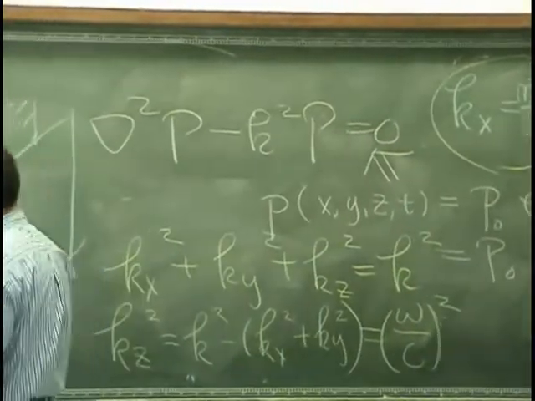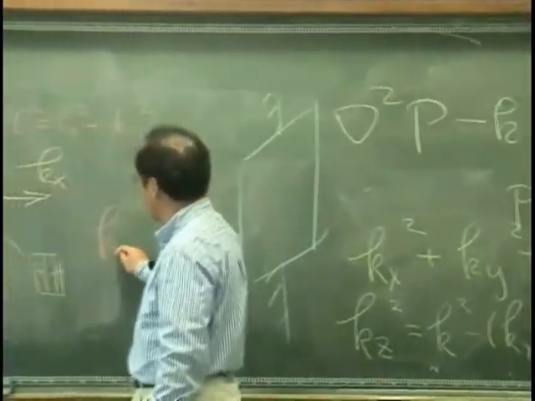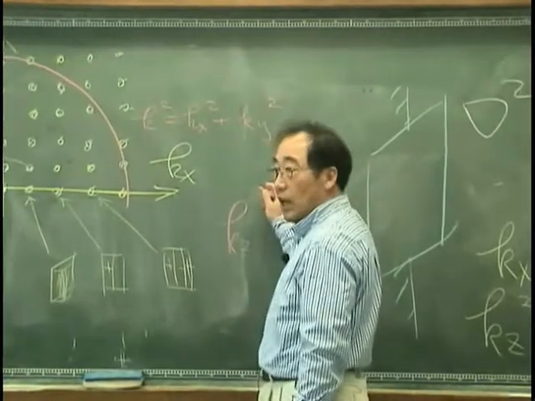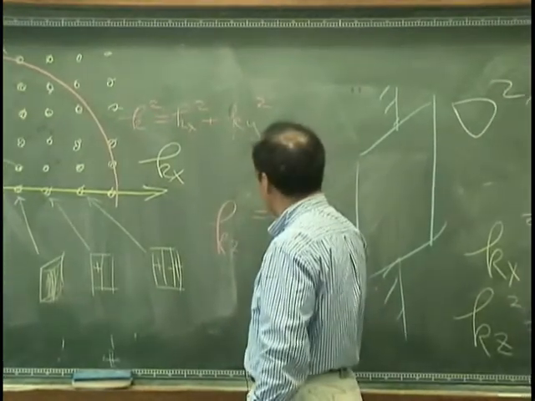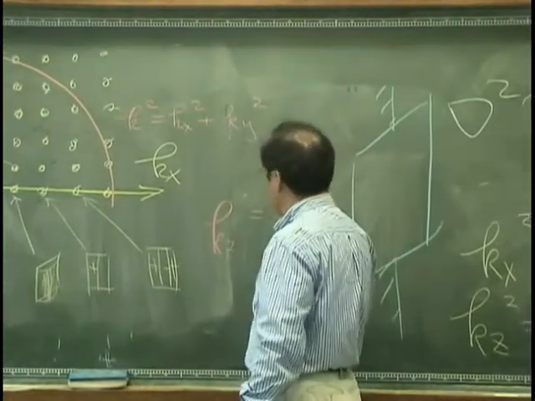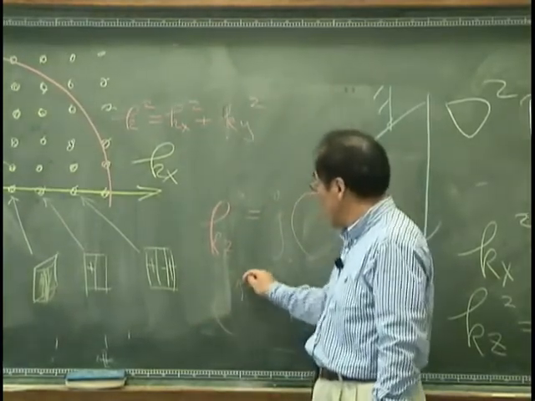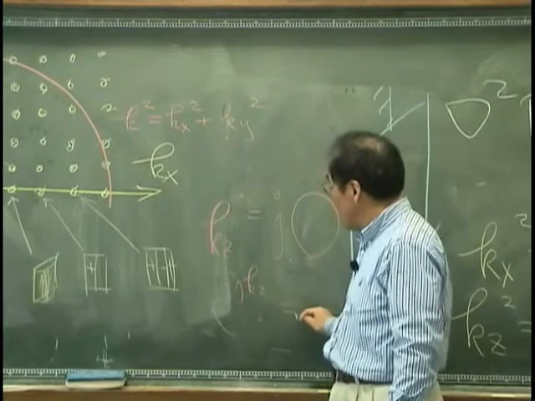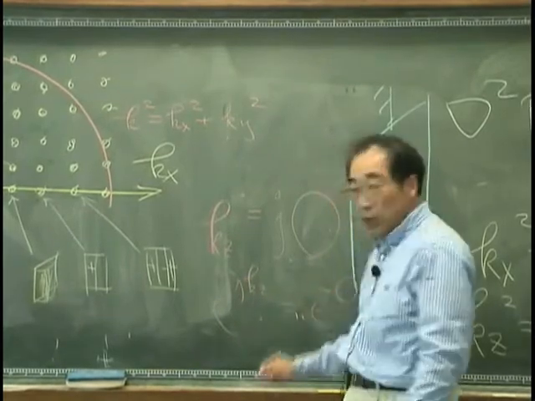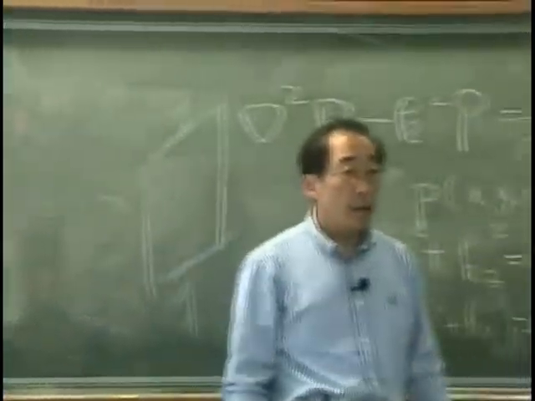Then what happened? Kz square is negative, therefore Kz is j something, therefore the wave propagation in the z direction is an exponentially decaying evanescent wave.